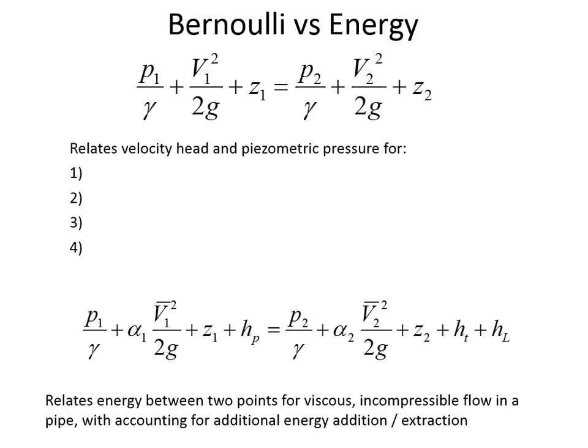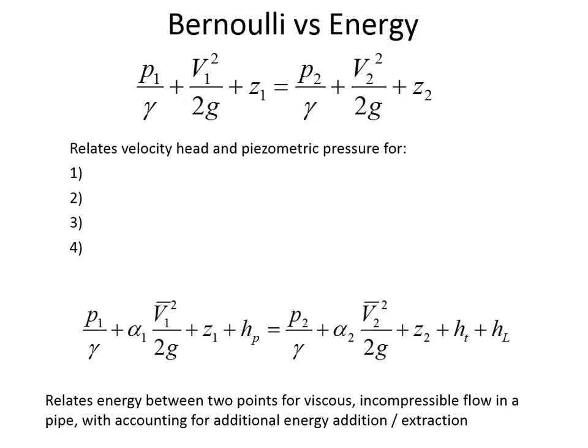In other words, if you just use the average velocity, you're sort of shortchanging how much kinetic energy there really is in the velocity head term. And so alpha is a correction factor to increase how much energy we assign into the velocity head term, because really there's more energy there when we just use the average. That's not accounting for how much extra energy there is at the center of the pipe.